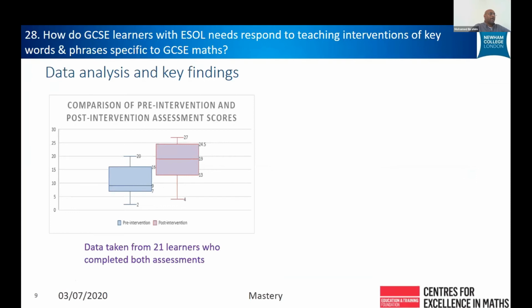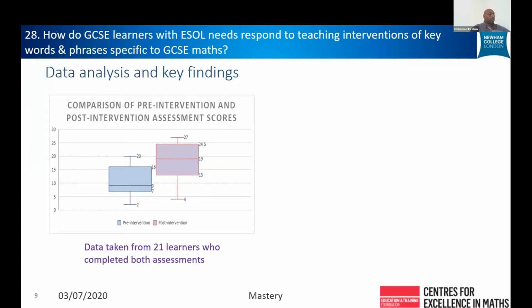So now I'm going to talk about the key findings. A paired t-test was run on a sample of 21 learners who completed both the pre-test and the post-test. And we found a statistically significant increase of 24% in favor of the post-test mean scores. We then used box plots also to compare the post-tests and the pre-tests.